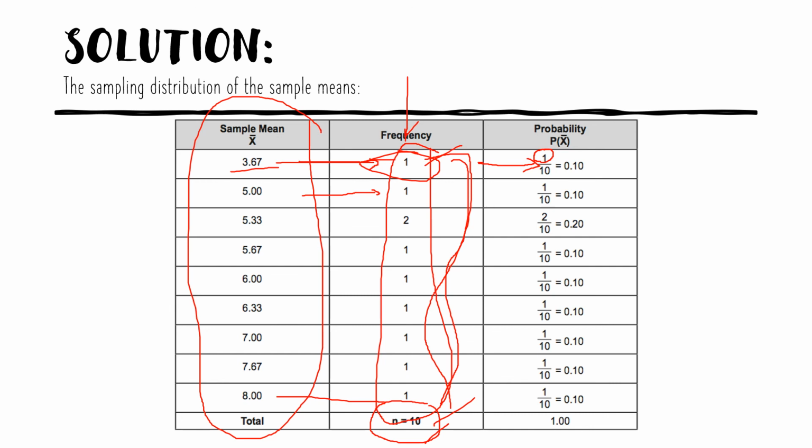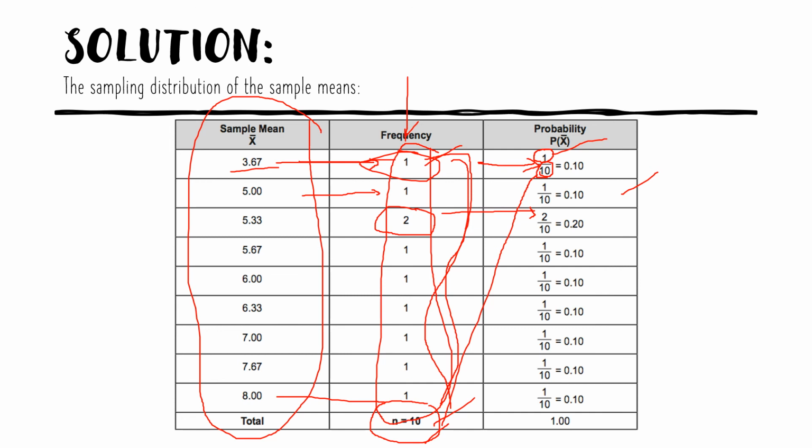So therefore, that will be equal to 1 over 10. Your 10 here as your denominator is your total sample size. Same scenario: since your frequency in your 5.33 is 2, then your numerator in your probability that will be mapped in your 5.33 is equal to 2.